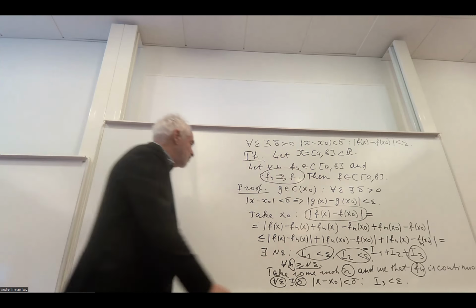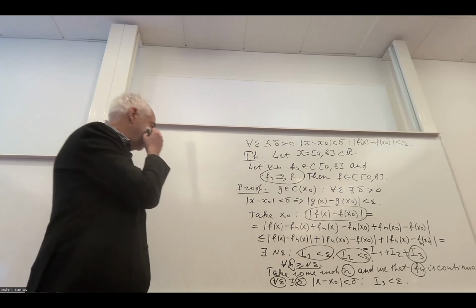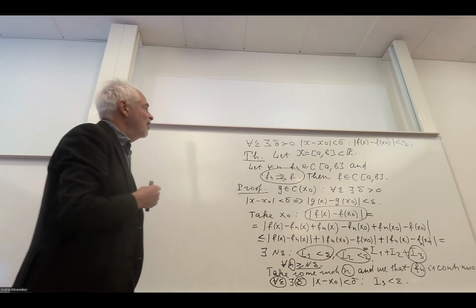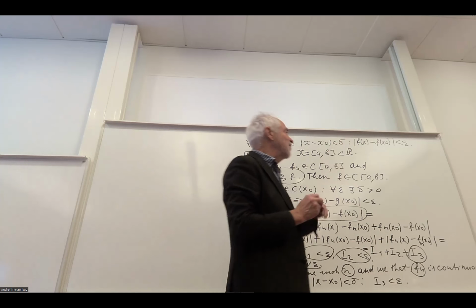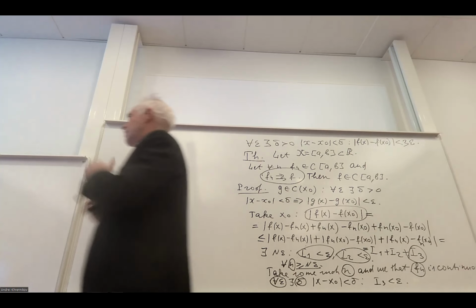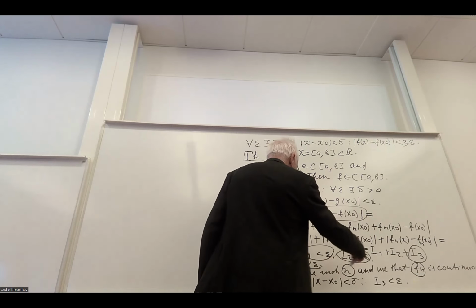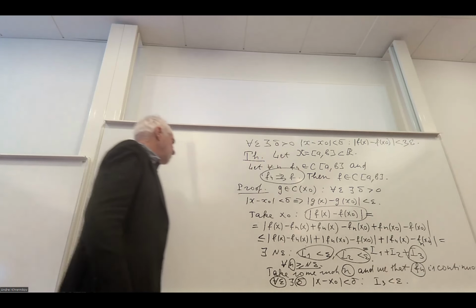But it's uniform convergence, and for all x it is less than 3 epsilon. That does not play any role, because from the very beginning, we can write epsilon divided by 3 in each place.